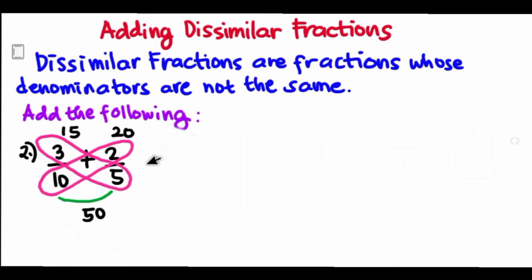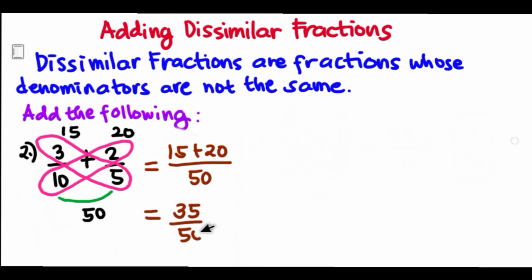So, finalize na natin. Add natin yung nasa ibabaw, 15 plus 20. And then, copyahin po natin yung nasa ilalim, 50. So, 15 plus 20 is 35/50. And then, 35 over 50, pwede pa po yan i-lowest term.